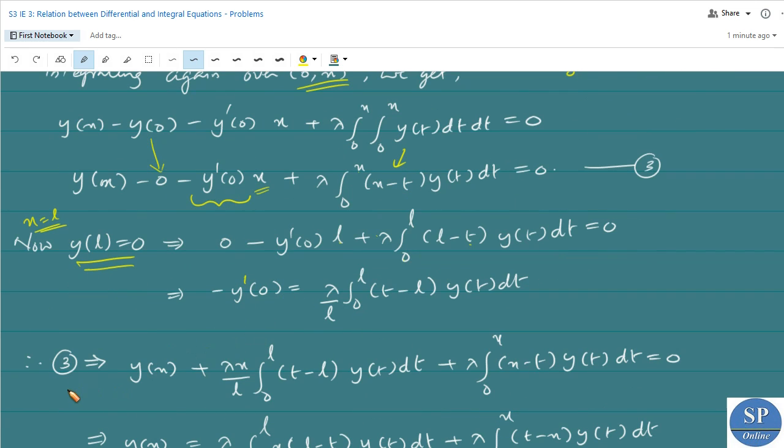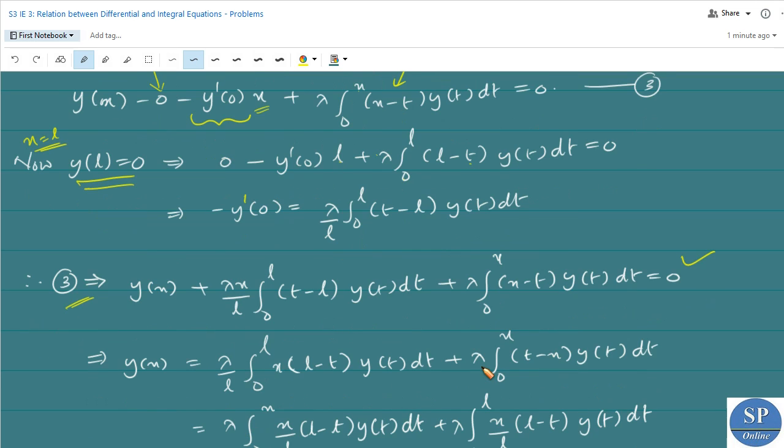So equation number 3 can be written as y of x plus x into minus y dash of 0, which is lambda x by L into the integral 0 to L of (t minus L) y of t dt, plus lambda into the integral 0 to x of (x minus t) y of t dt, which is equal to 0. So this is our integral equation now, but here we have 0 to L and here we have 0 to x.